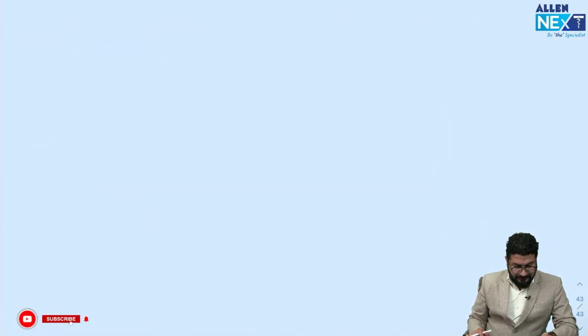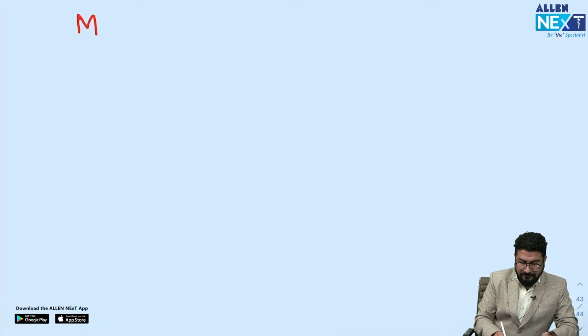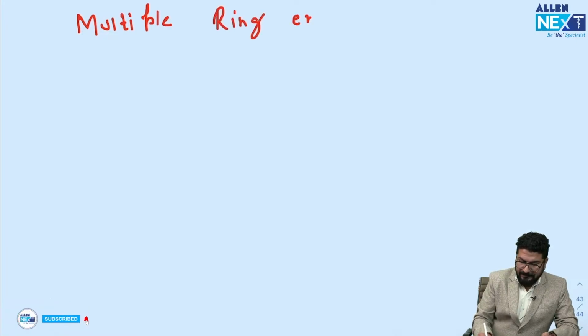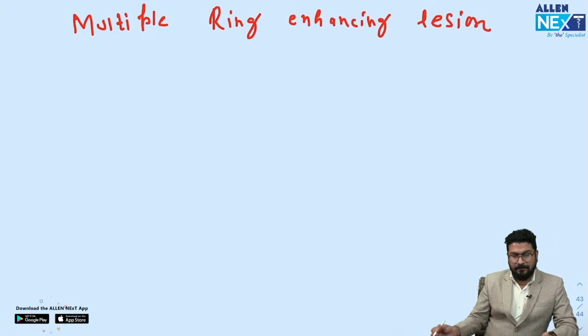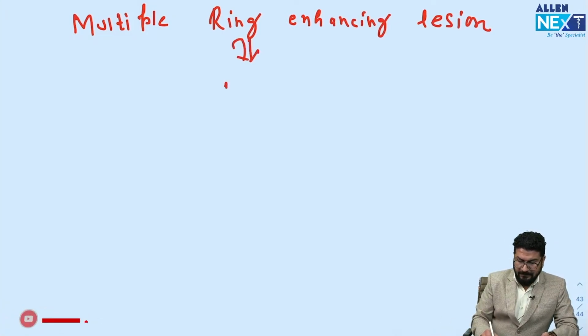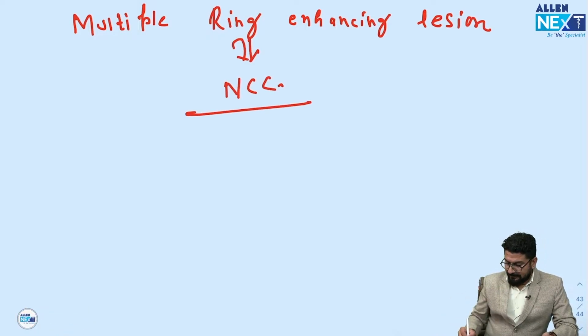Okay, then there was a question on an elderly patient with a case of multiple ring enhancing lesions. This was an image based question that came in exam a few years before. It's a case of NCC. The question was: all are given in emergency except.